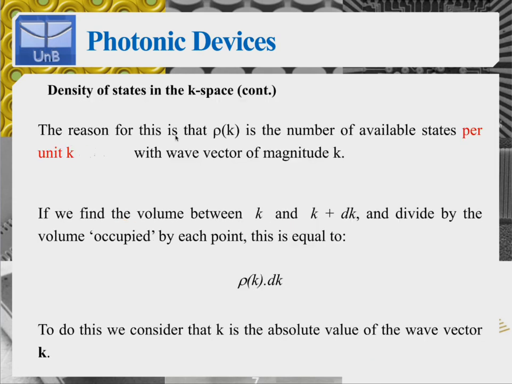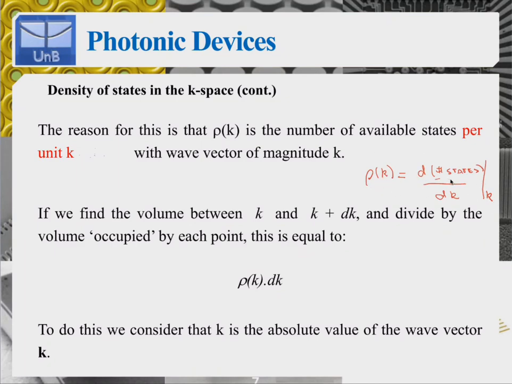The reason for this is that rho of k is the number of available states per unit k with wave vector of magnitude k. So what we're saying here is that rho of k is the number of available states per unit k. So it's something like the derivative of the number of states with respect to k, at a wave vector value equal to k.